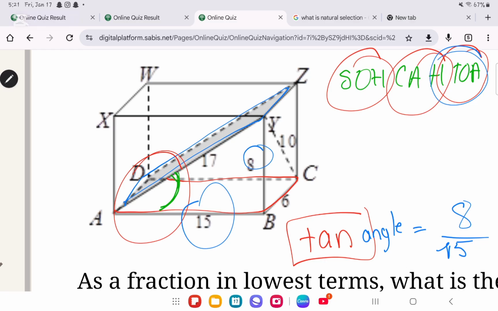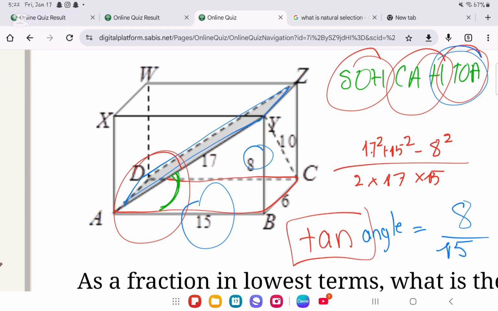However, if I was to use the cosine rule, as an example, it's gonna be 17 squared plus 15 squared minus 8 squared, divided by 2 times 17 times 15. If you do it on your calculator, you are gonna get 15 over 17.